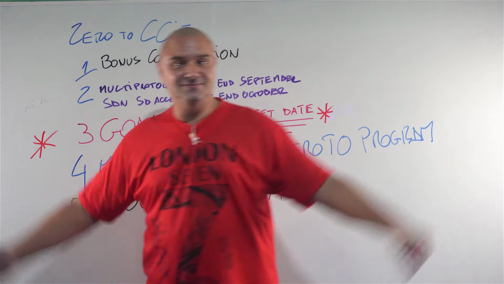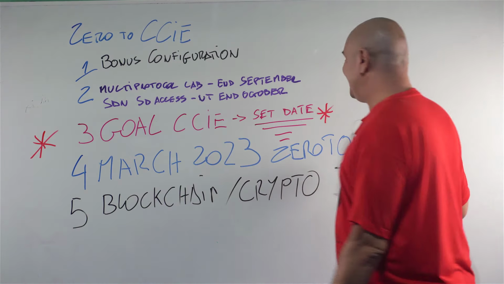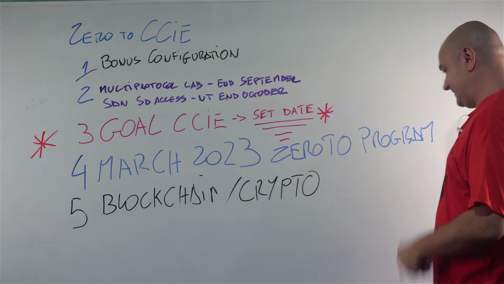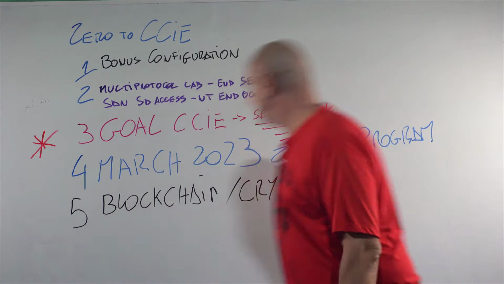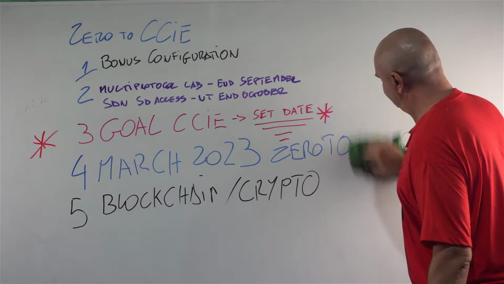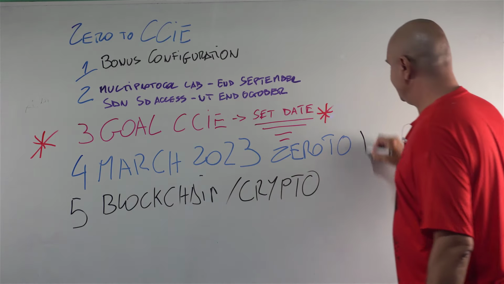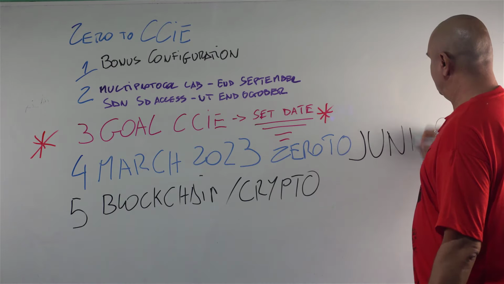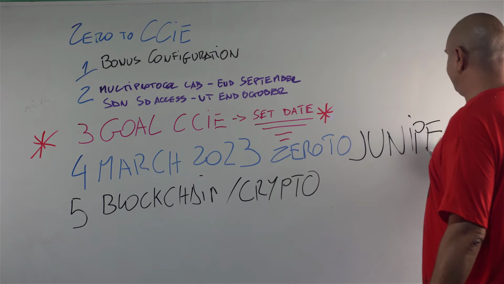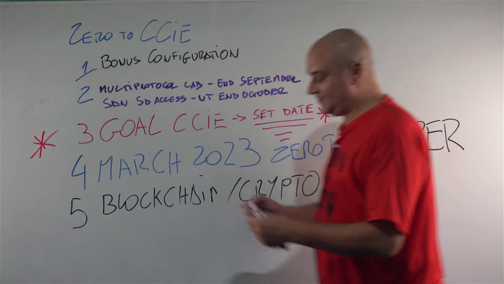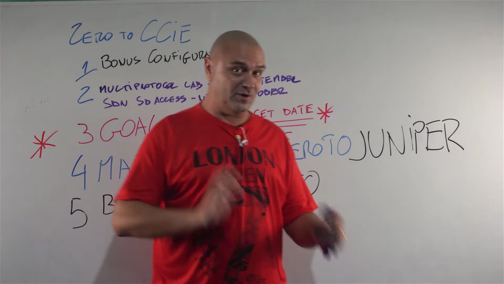So, let me tell you what I have to do. The new program is called, but you know already, by the way, 0 to Juniper. Guys, don't start talking to me, sending me emails, calling me.